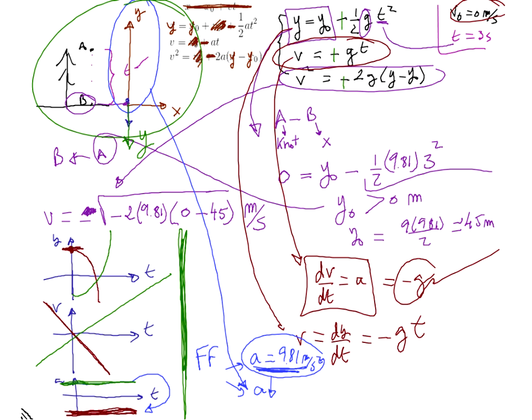And those functions have to be consistent with the choice of your coordinate system for you to get credit. Because as you've just realized, depending on which coordinate system you pick and which direction, all your equations will be different. And of course, therefore, all your graphs will be different. Okay? Good. Any other questions?